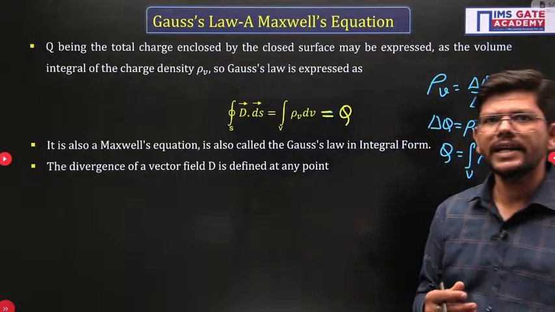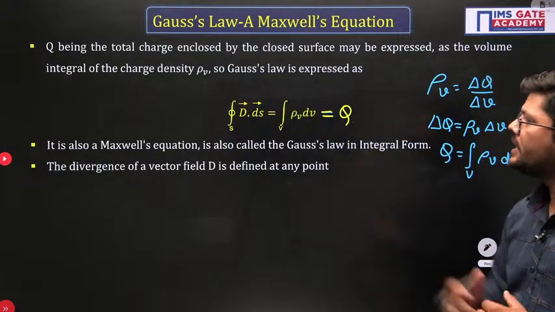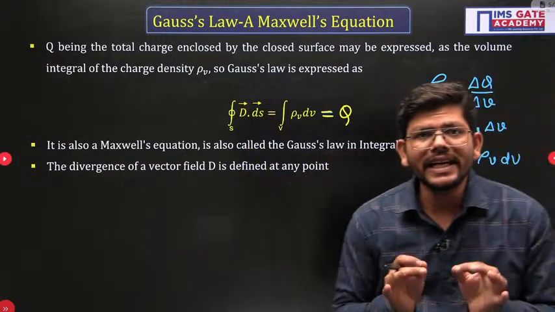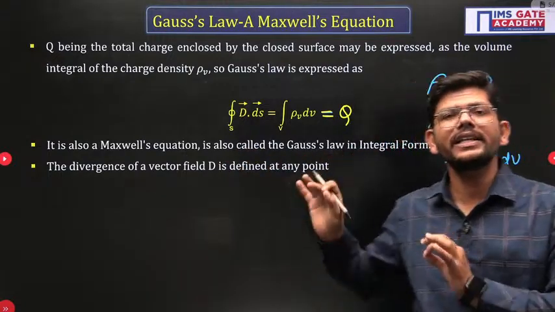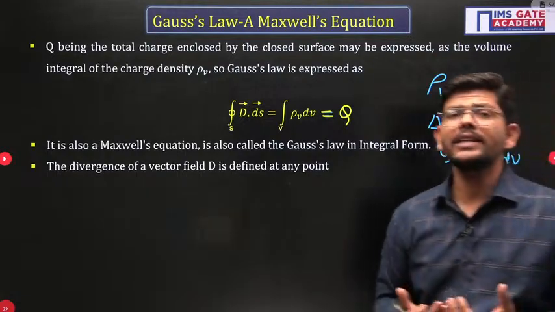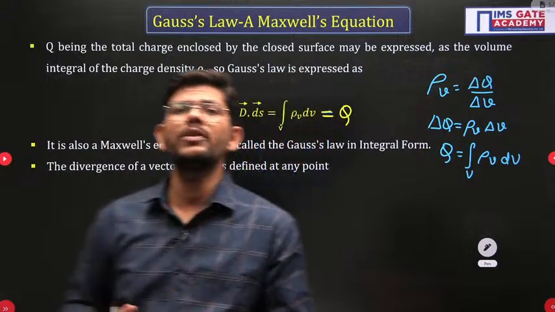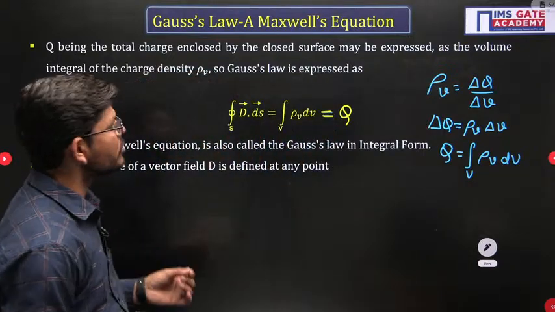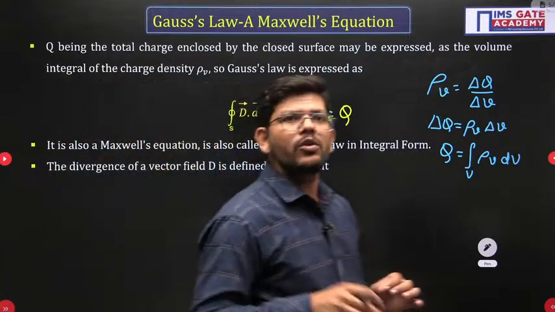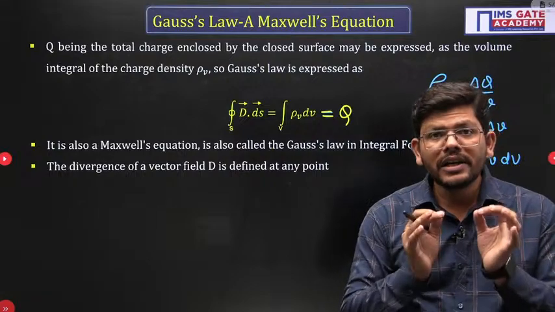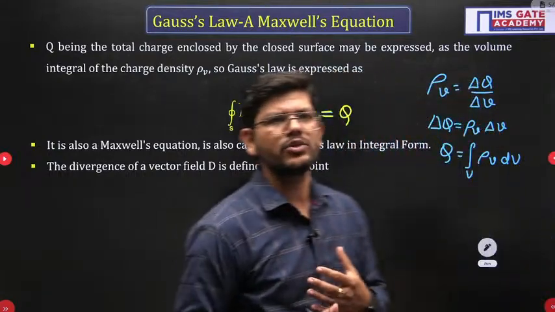If you write this formula, it is known as Gauss's law in its integral form. Charge might be written in terms of the volume charge density, and as per Gauss law the charge enclosed inside the volume is the surface integral D dot dS, so we can equate these two things.